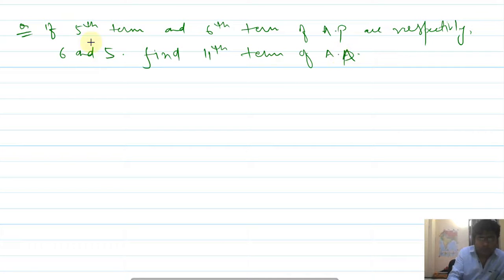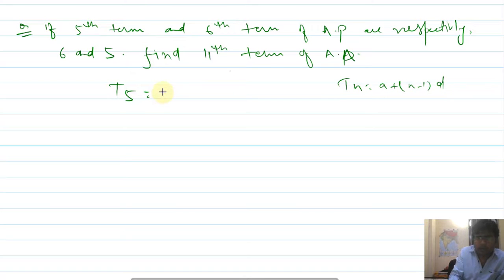Okay, so this is the fifth term, so you can write t5, and for t5 you have to reduce 1 because n minus 1. What is the general term? General term tn is a plus n minus 1 into d.